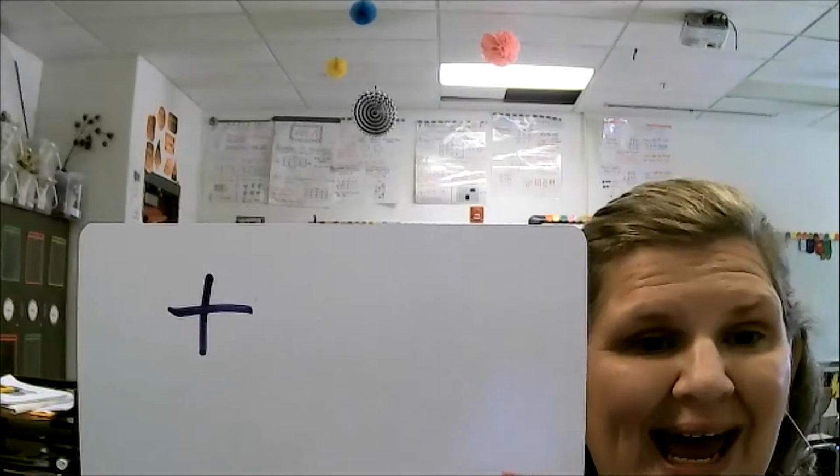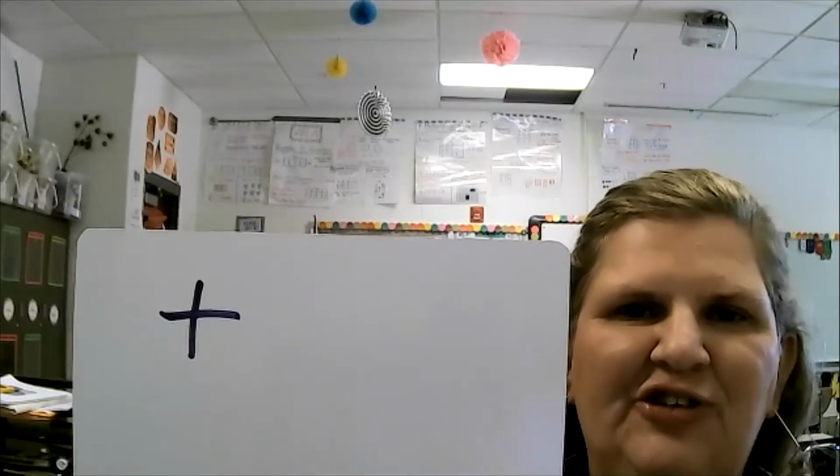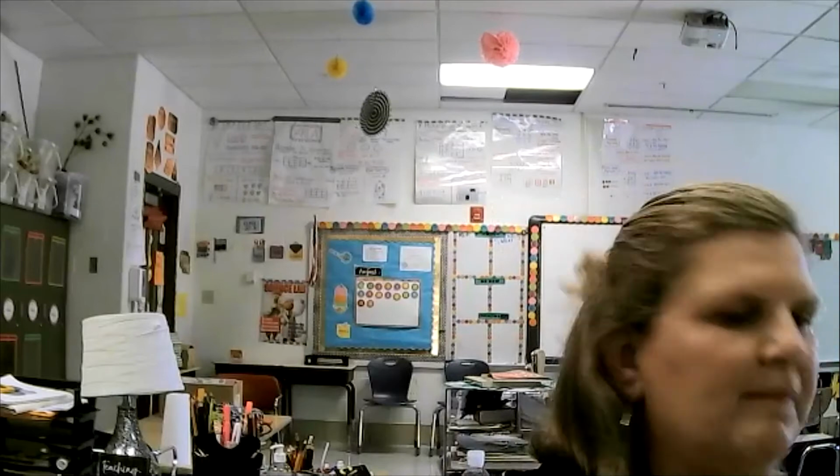Oh, you're right, we add. You're exactly right. When we see this symbol, it means addition. Do you remember what the answer to an addition problem is called? So if I had the problem 3 plus 5, what is 3 plus 5?